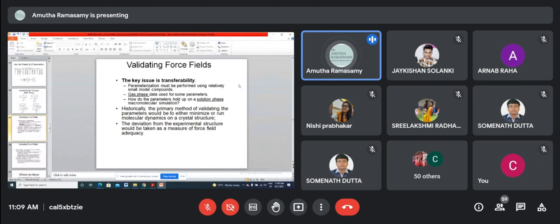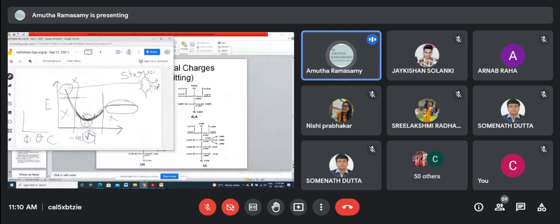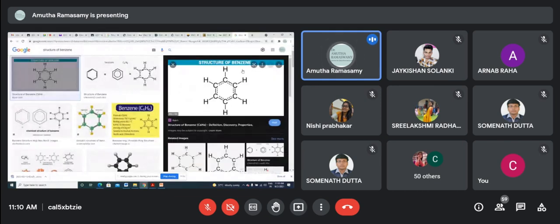What is the meaning of transferability? The force field that I am applying on the molecule, if it is properly validated, then the force field I supplied to the benzene is correct. But here the thing is that in this benzene, you may have different carbons, right? So what is the choice in the benzene?